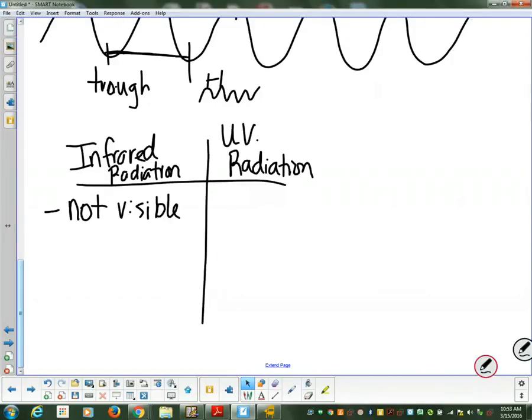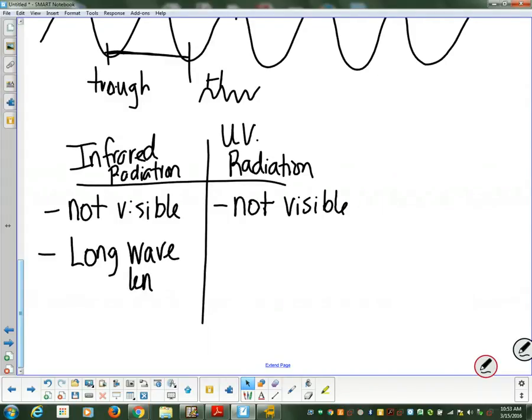Okay, we cannot see them, so neither one of them. They're different because this one has long wavelengths, and this one has short wavelengths.